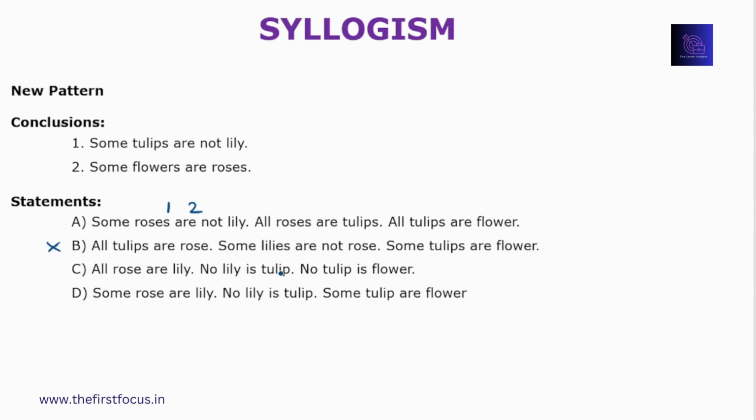No lily is tulip. Then this doesn't satisfy the first conclusion because some tulips are not lily. Yes, here they say no lily is tulip. In the fourth statement also the same thing repeats. No lily is tulip. So we can eliminate the C and D options. So statement 1 satisfies both the conclusions. So statement 1 will be the correct option.